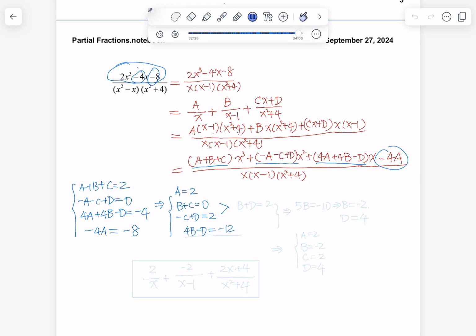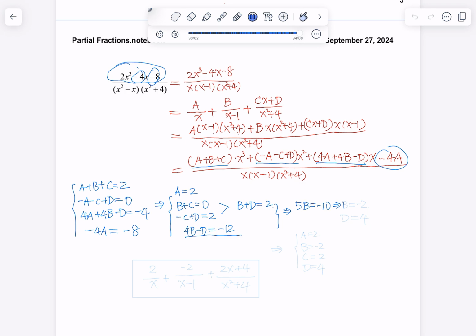Now we add these two together. You would have B plus D equals 2. Together with 4B minus D equals minus 12, you would have 5B equals minus 10.